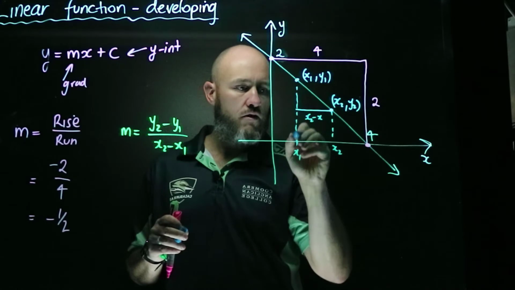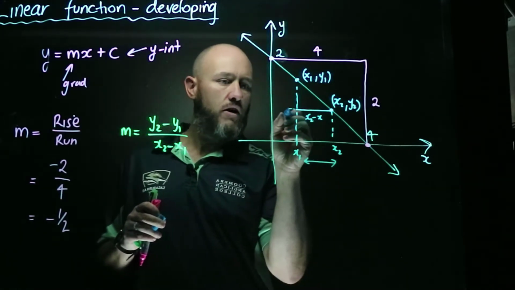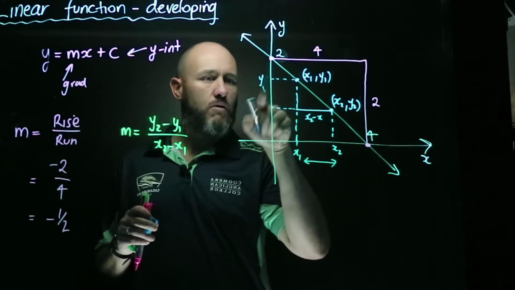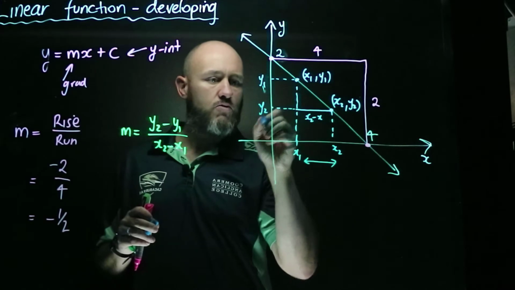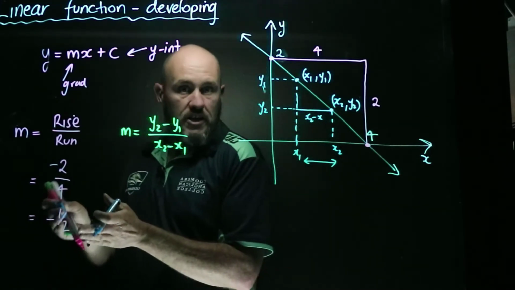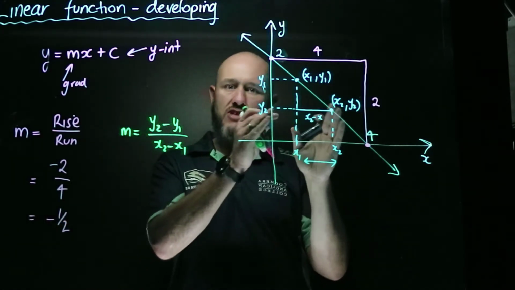That will give you that gap, because it's a difference. And you can also find the change in rise as y2, or in this case that's y1, but it doesn't really matter, minus y2, and that will actually give you a negative value, which is great because we're expecting a negative gradient. So we'll talk about that in a second.